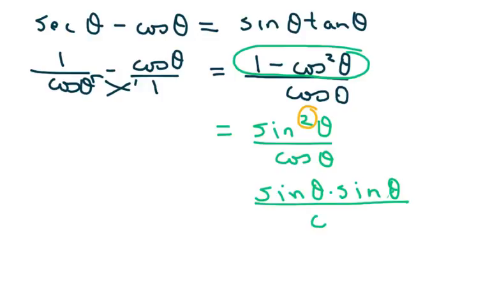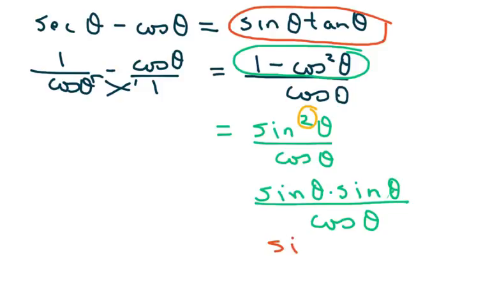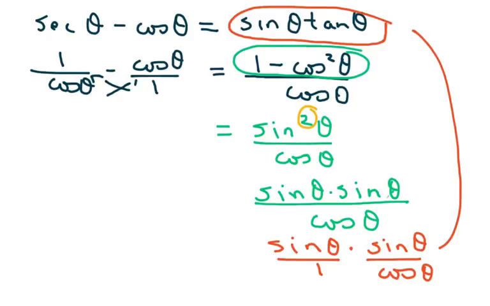cosine of theta. Now on these, this set here that I'm doing, you really have to always keep your eye on the final answer. It's not going to just magically appear. So what I can do is write this as sine of theta over 1 times sine of theta over cosine of theta. You have to keep looking at this.